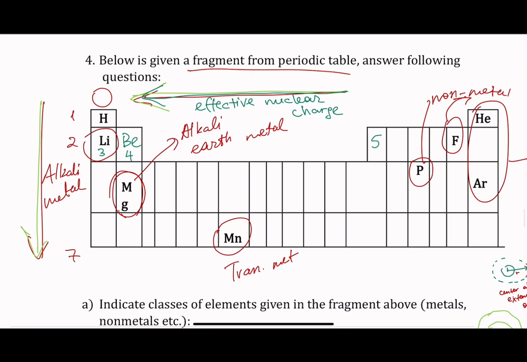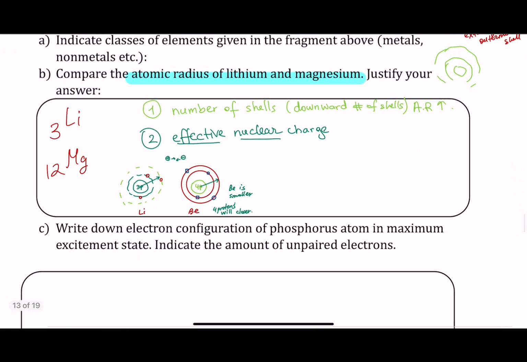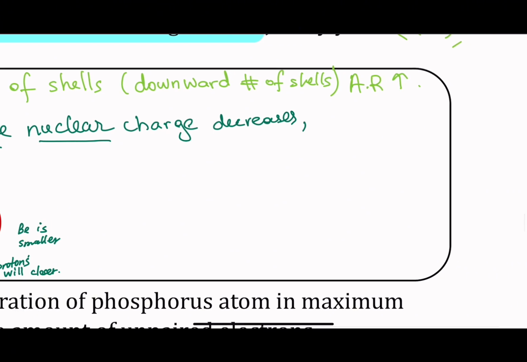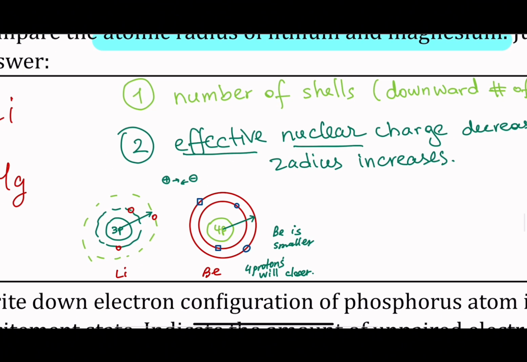Do we agree? So as you go towards the left, effective nuclear charge decreases, which is why atomic radius increases.